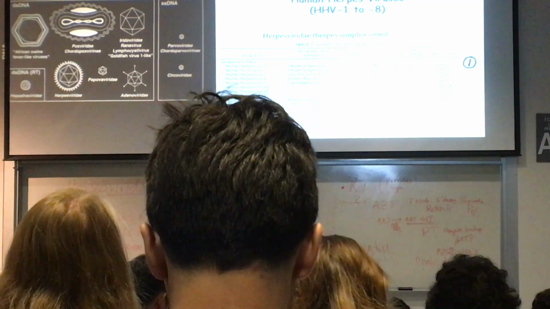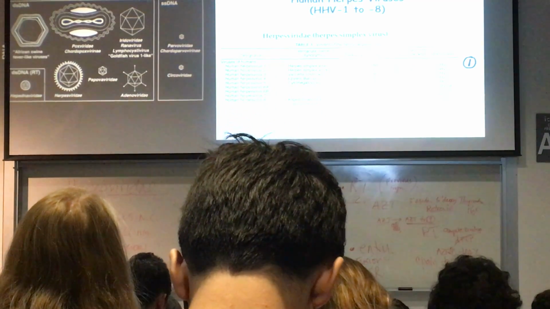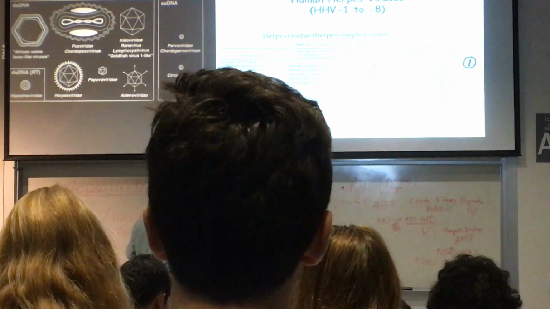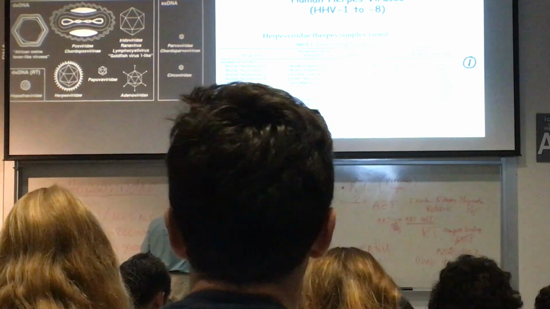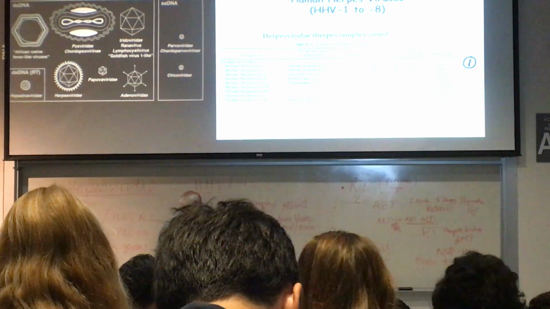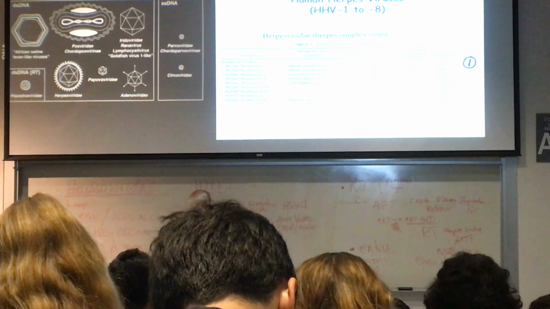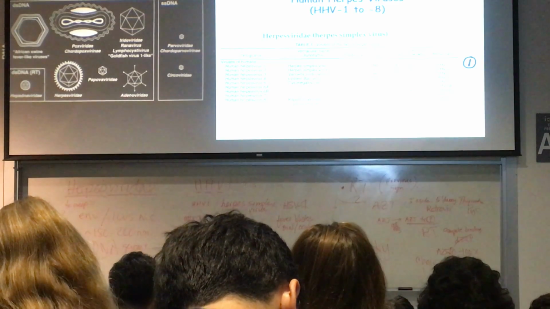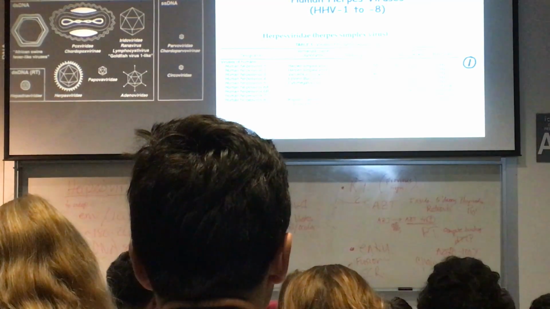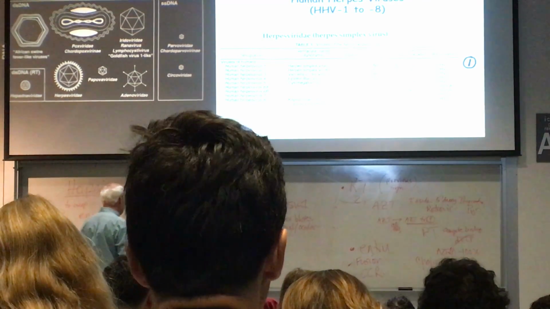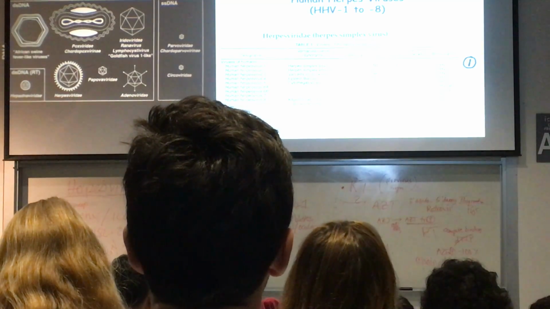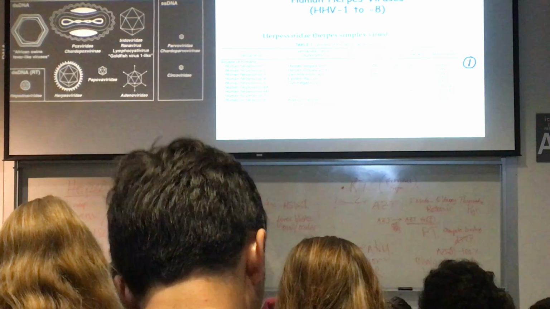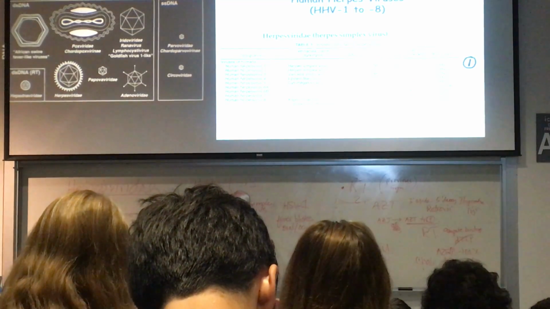There are oral, mouth, and ocular lesions. HHV2 is herpes simplex virus type 2, or HSV2. HSV2 is about 50% identical to HSV1 by nucleotide sequence. Classically, HSV2 is the herpes that's associated with genital and anal lesions.